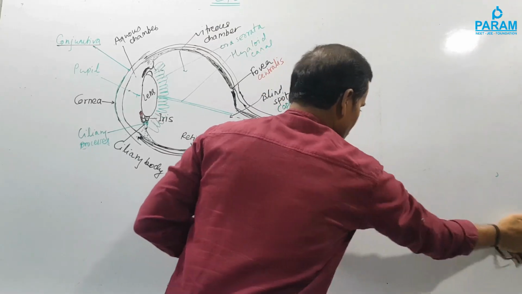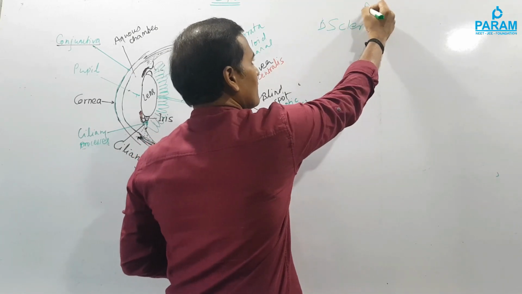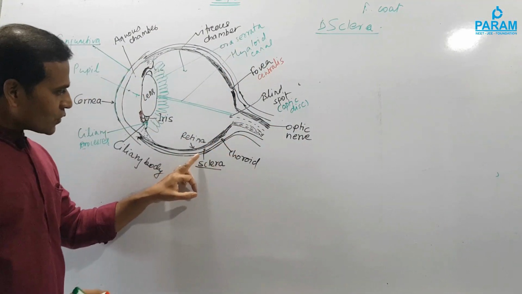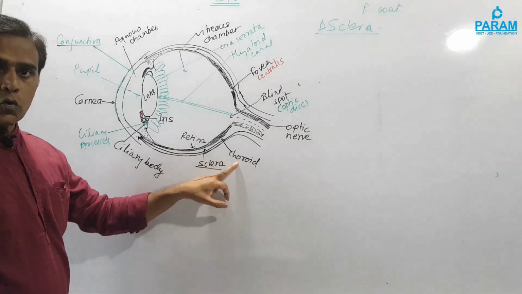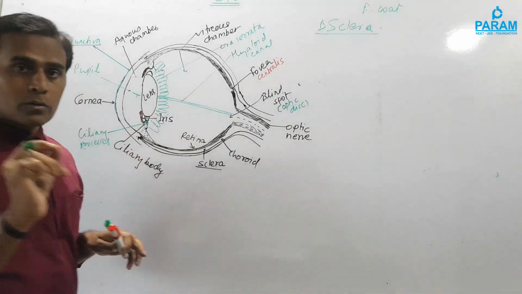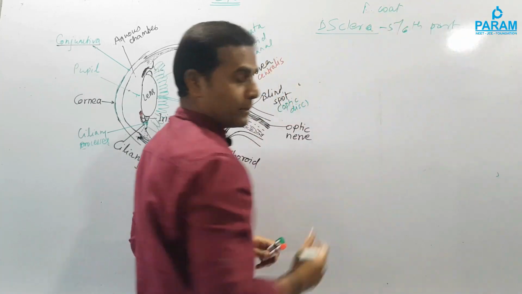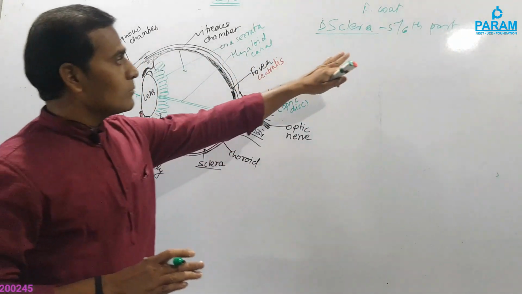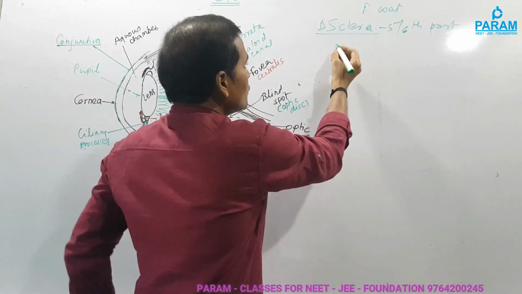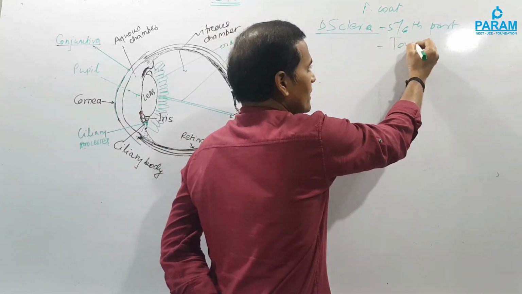The fibrous coat has 2 layers, as mentioned, and the first layer is the sclera. As you can see in the diagram, the sclera is in contact with the choroid. The sclera forms 5/6 part of the fibrous coat, and most of it remains hidden or concealed in the orbit.